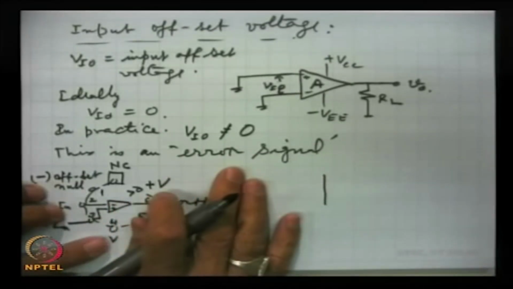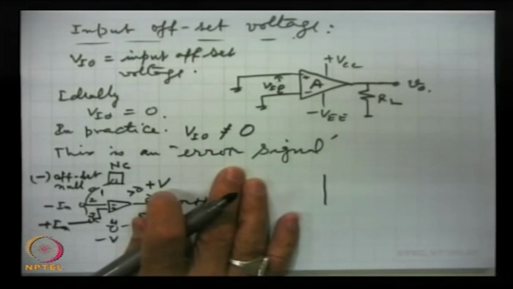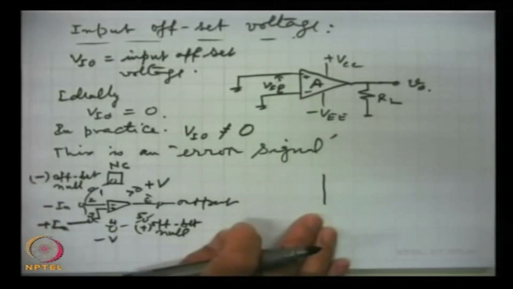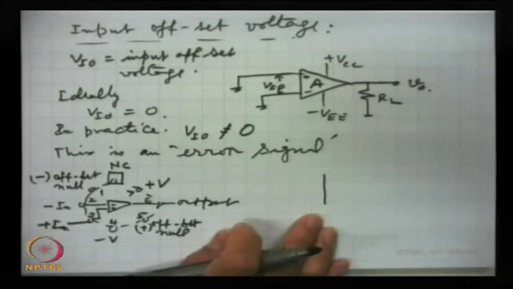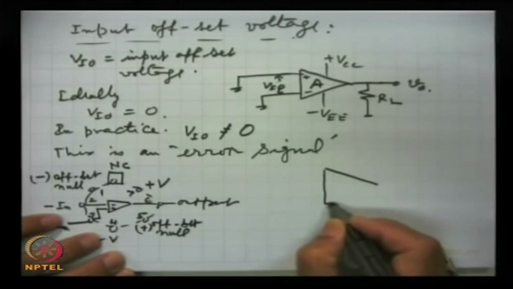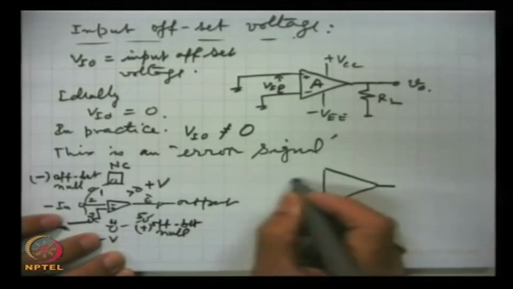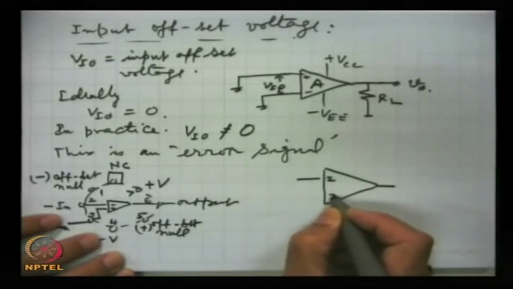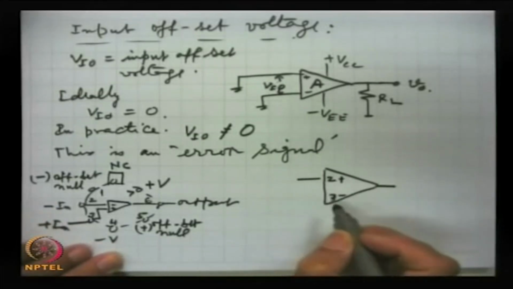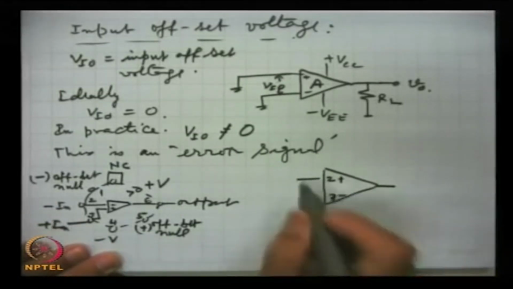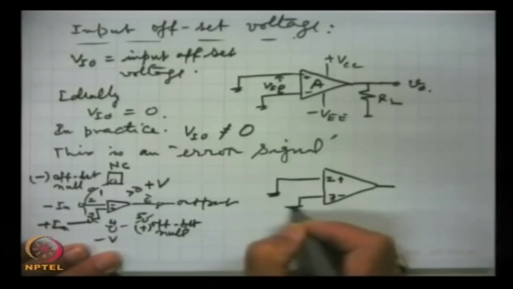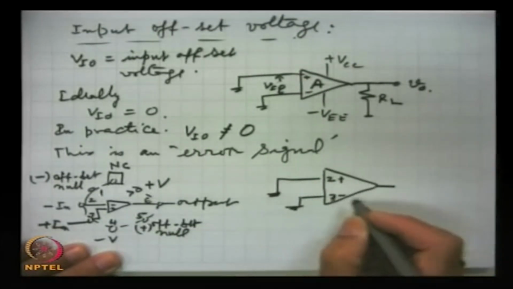This is done almost with every op amp. Whenever we want to use the op amp, we have to make corrective measures, and this is done invariably for all op amps. It is very simple. These are the two inputs 2 and 3, non-inverting and inverting, and both are grounded, and this is pin number 1 here.